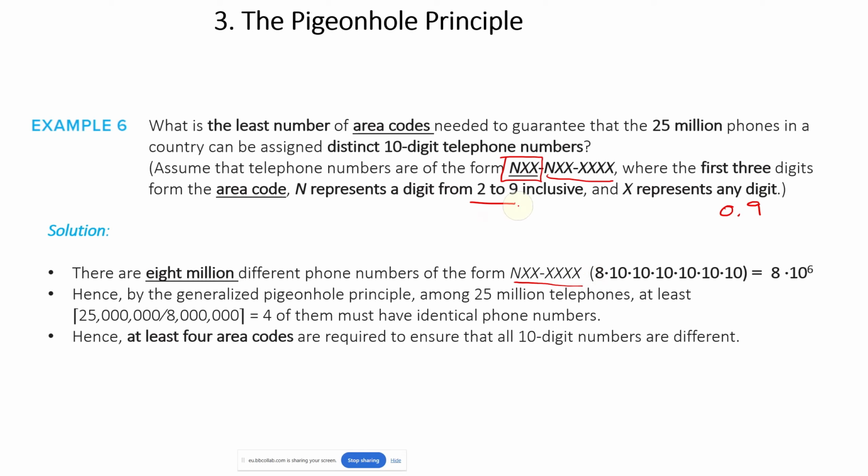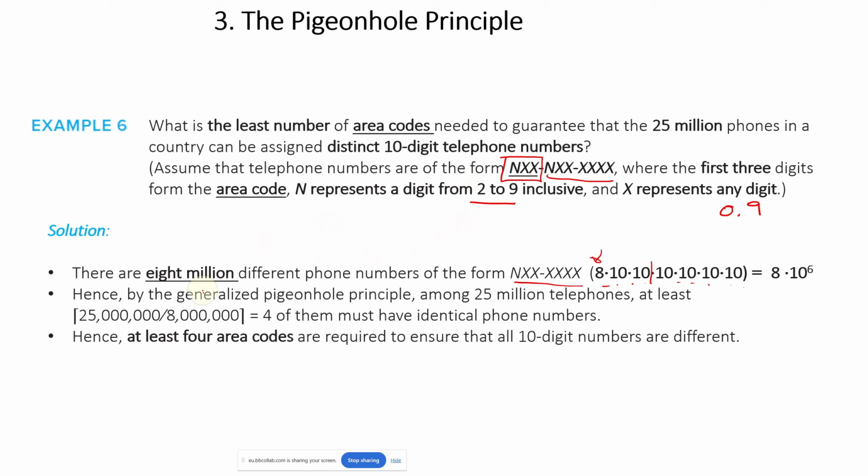Because from 2 to 9, I removed 0 and 1, so 10 minus 2 is 8. I have 8 possible digits, and then the rest are 10, 10, 10, 10. So this is the first 3, and these are the last 4. So this is going to be 8 times 10 to the power of 6, which is 1 million. That means it's going to be 8 million.